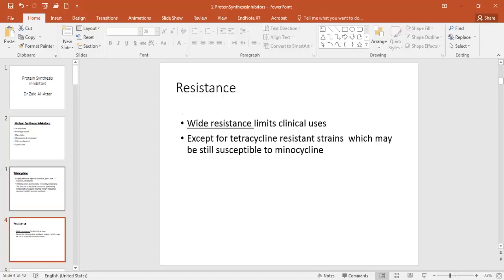The resistance to tetracycline is wide and highly prevalent, and thus the clinical uses for this antibiotic are limited.